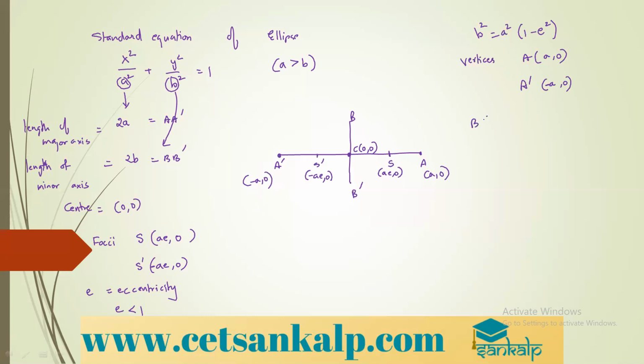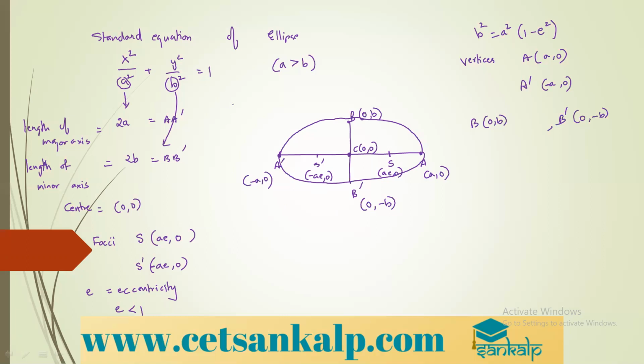Similarly, B is 0, B and B dash is 0, negative B. So for B, I can write 0, B and B dash 0, negative B. That is minus B. So if I draw the ellipse here, this is the ellipse which I get. This is how I will get the ellipse.